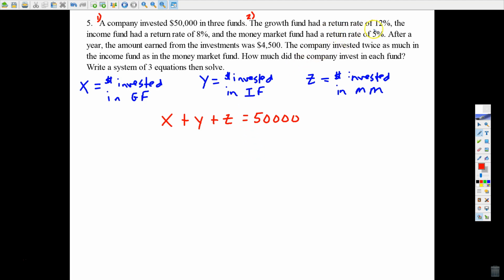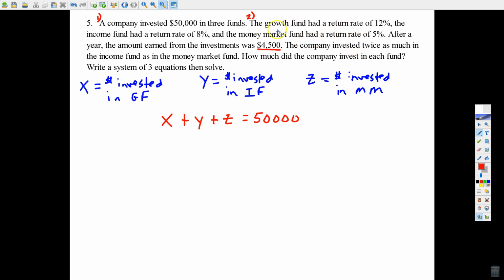This sentence is talking about the rate of return. The whole idea behind investing money is so that we can get our investment back and then more. And that amount of money over and above what we invested, we call that interest. So this gives us information about how much interest we're going to make off of each fund and then how much we made in total.